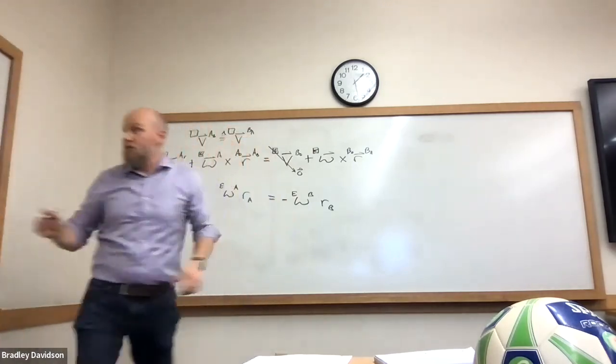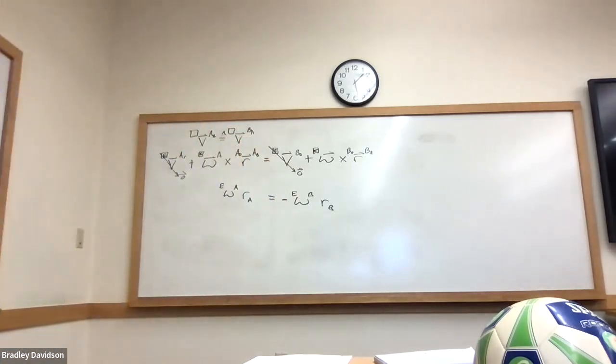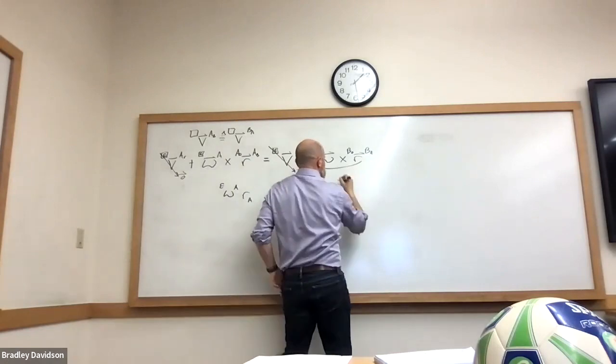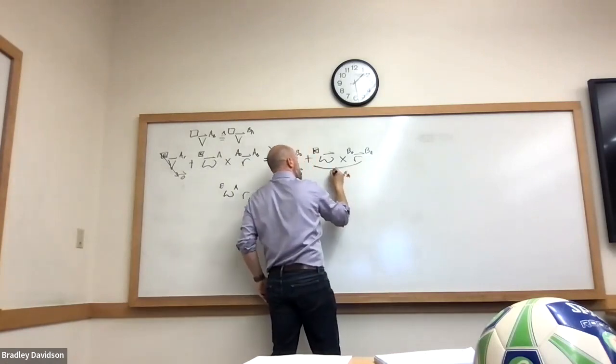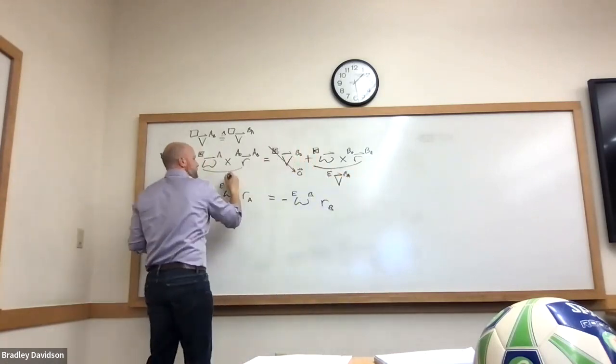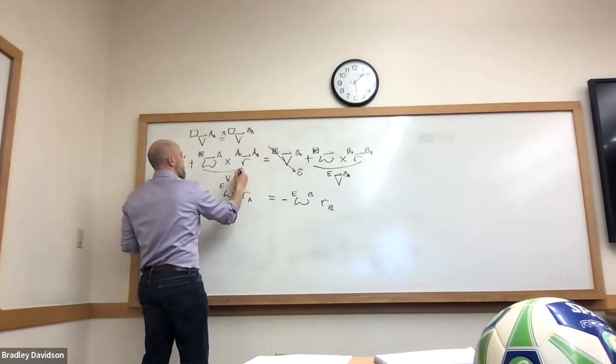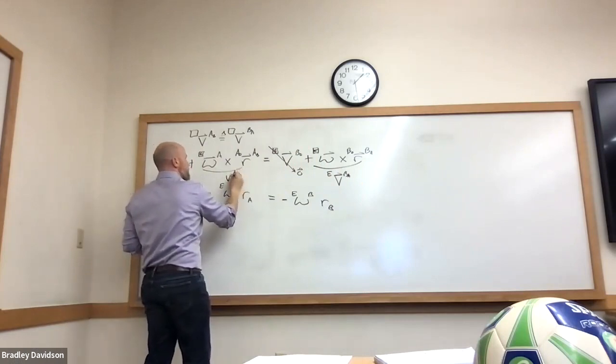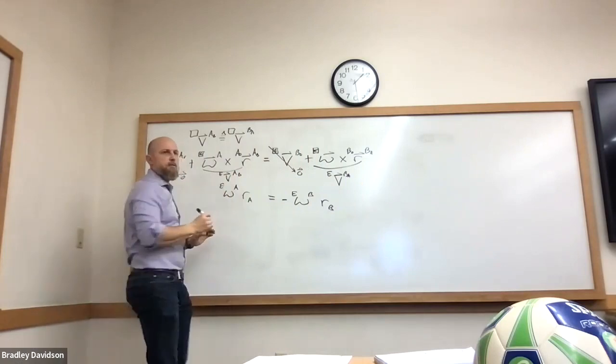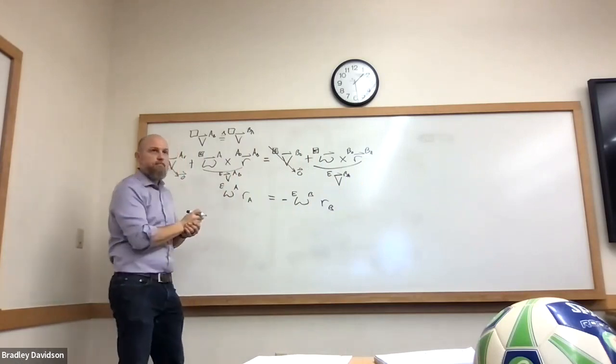When I said that direction, I was talking about the velocity of V sub A in E, because that's what we have here. This is the velocity of A sub B in E. Does that make sense?